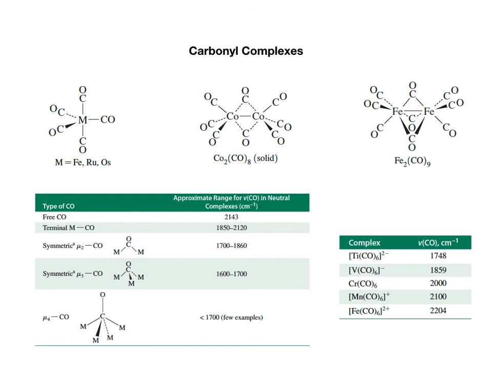So cobalt is column number 9, and each cobalt has 3 monodentate carbonyls, so that's 6. And then there are 2 carbonyls shared by the 2 cobalt atoms, and each bridging carbonyl contributes 1. So that's 6 plus 9 plus 2, so that's a total of 17 now. And then there's a cobalt-cobalt bond, so that's an additional 1 electron contribution, so that's a total of 18 again.